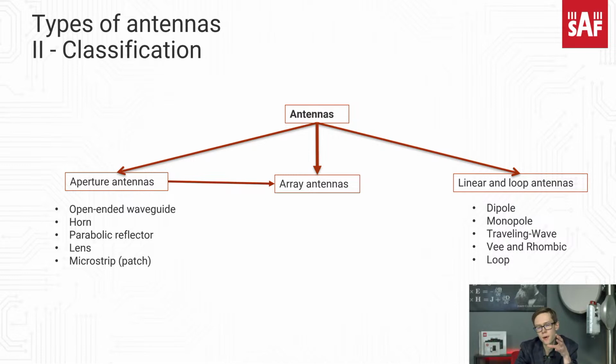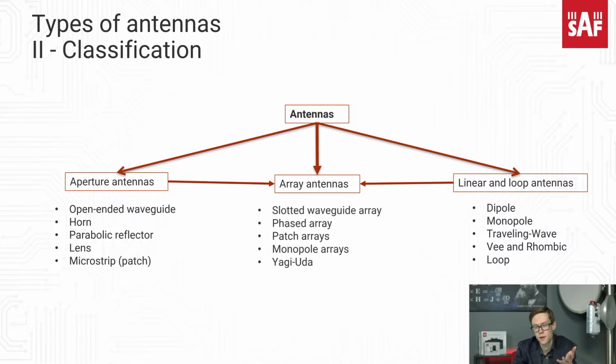So they can combine either different aperture elements, or different linear or loop elements together. So we make up the combination of both to produce this array antennas type. So here are just a few examples: slotted waveguide arrays, phased arrays, patch arrays, etc.